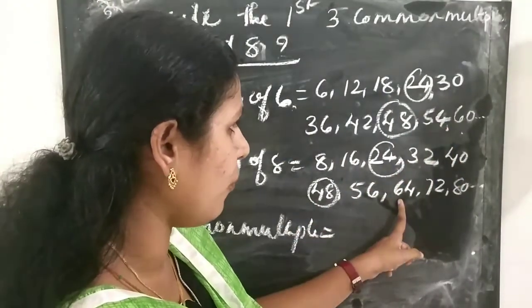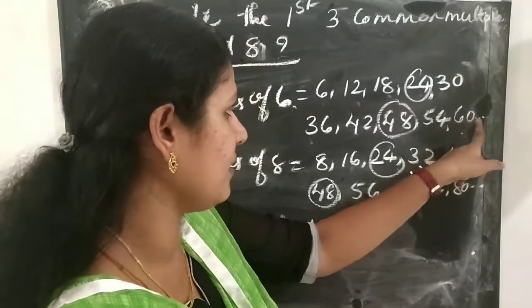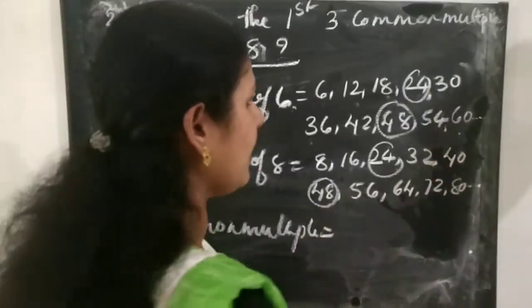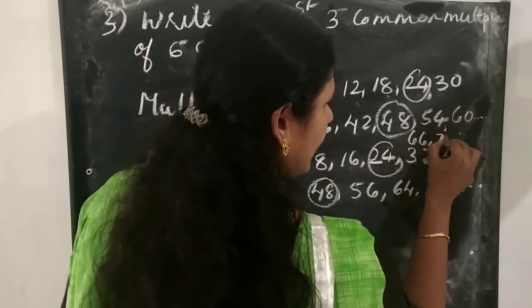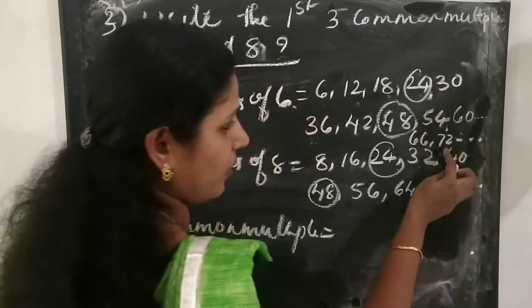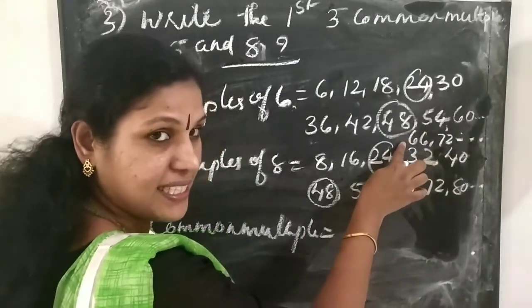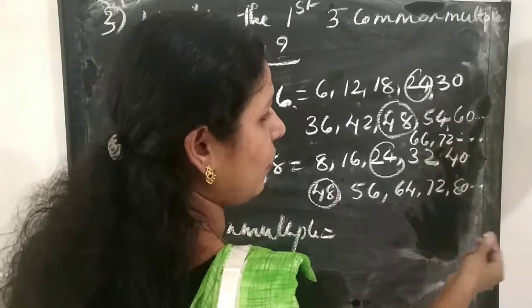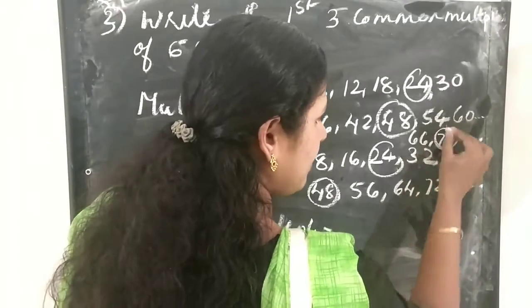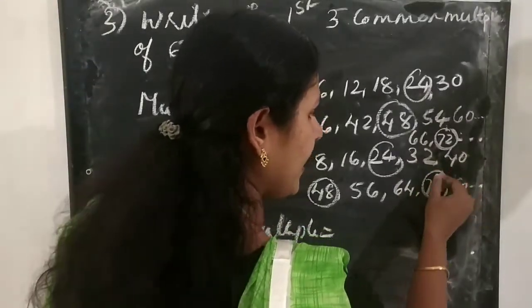Then 60, then 66, then 72 and so on. 11 6s are 66, 12 6s are 72. So here we get 72, and here also we get 72.